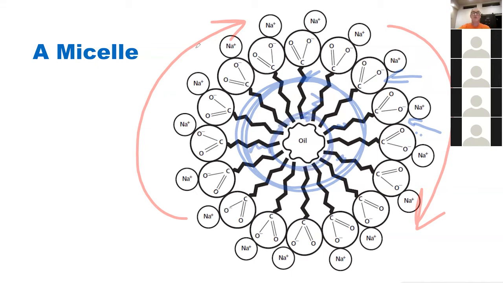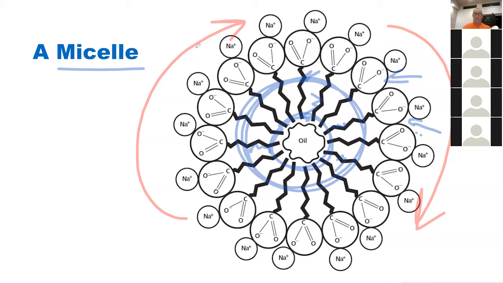That's how cells were formed originally, because now we have a hydrophilic, water-loving interior. That's where you can put all of your proteins, DNA, and everything else, separated from the outside world. It's the formation of these micelles that's responsible for that separation of inside and outside.